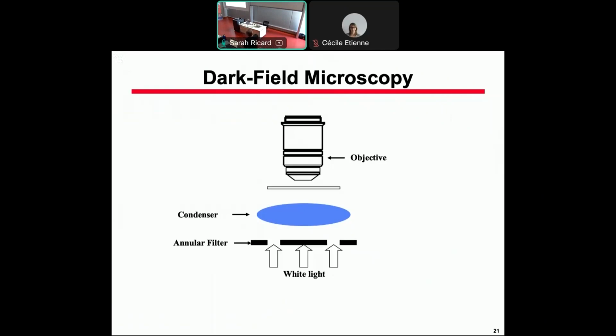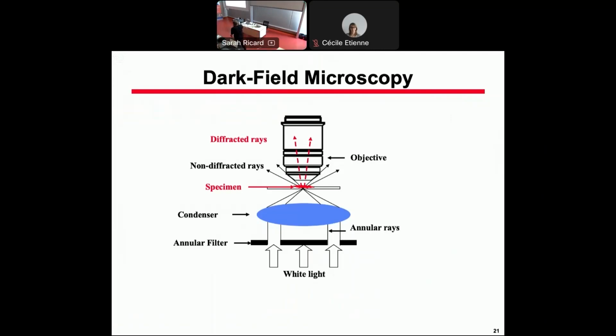The trick is using white light and a special annular filter so that your objective does not capture light when there is no sample. When there is a sample, then something occurs: some of the rays are diffracted, and they enter the objective and they can form an image.